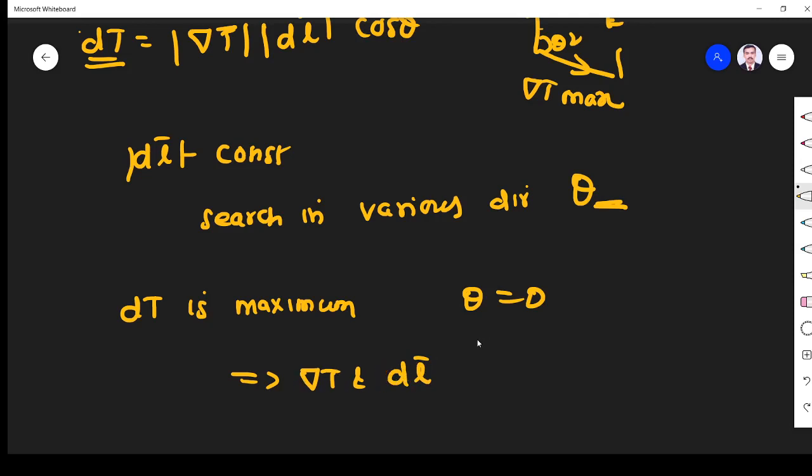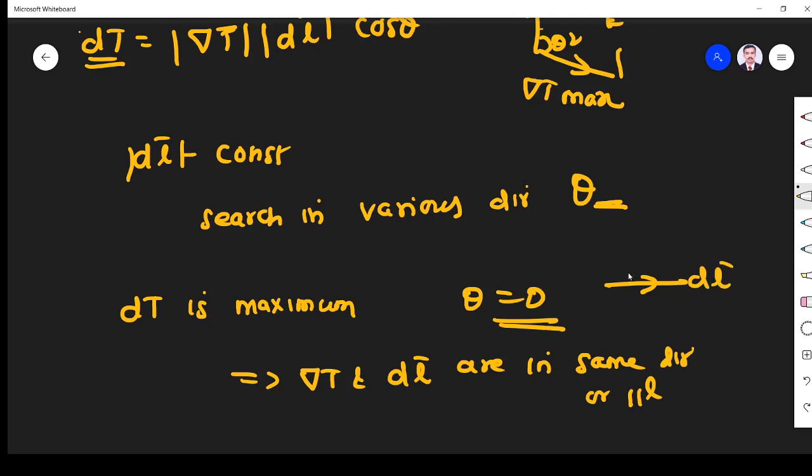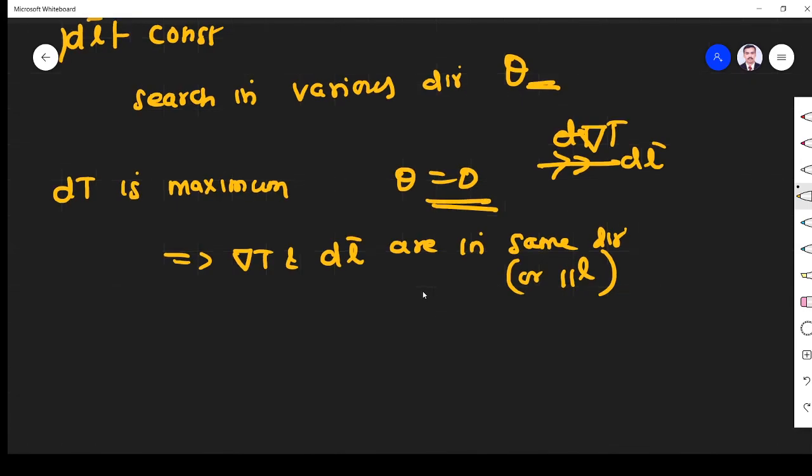Del T and dl are in the same direction or parallel. Then only the angle will be 0. If the direction of dl is the same as del T, then only we can say the angle is 0. So del T and dl are in the same direction. Clear?